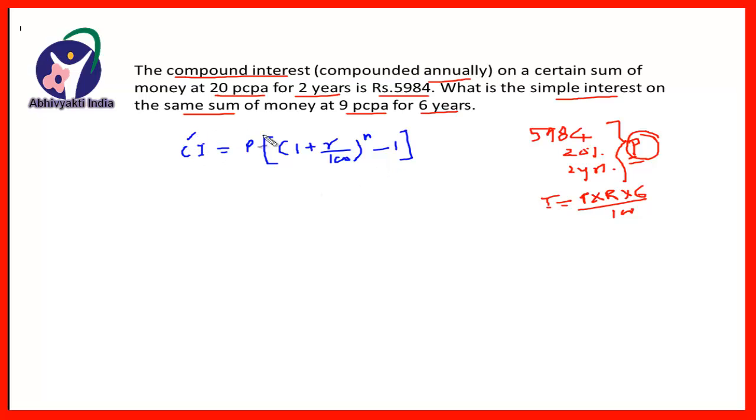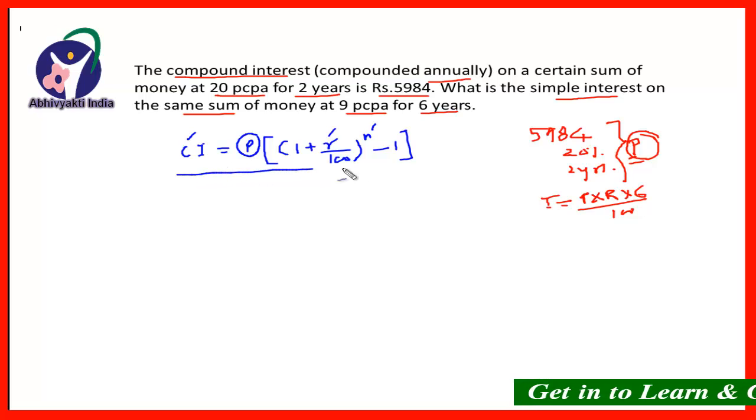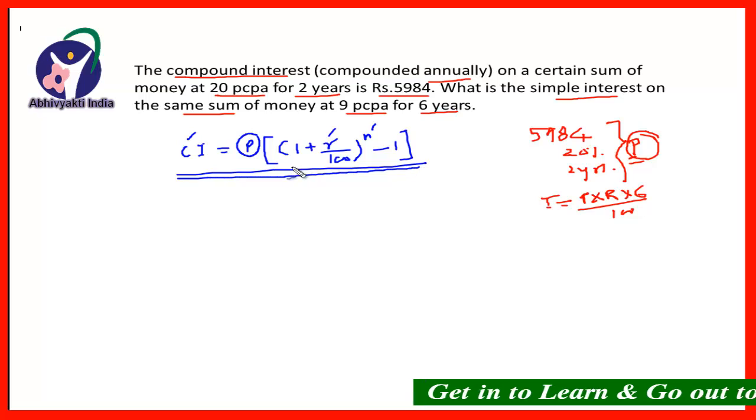Here you know the compound interest, you know the rate, and you know the n, that is 2 years, and from that you can find the value of P, the principal amount. But this is very lengthy because calculations sometimes are very difficult.